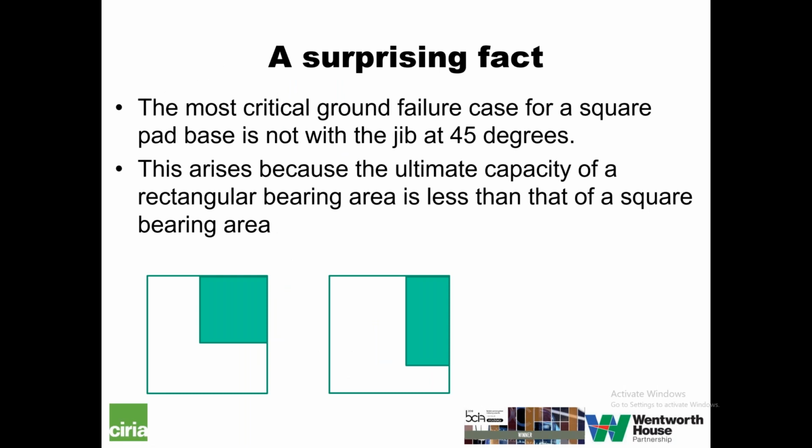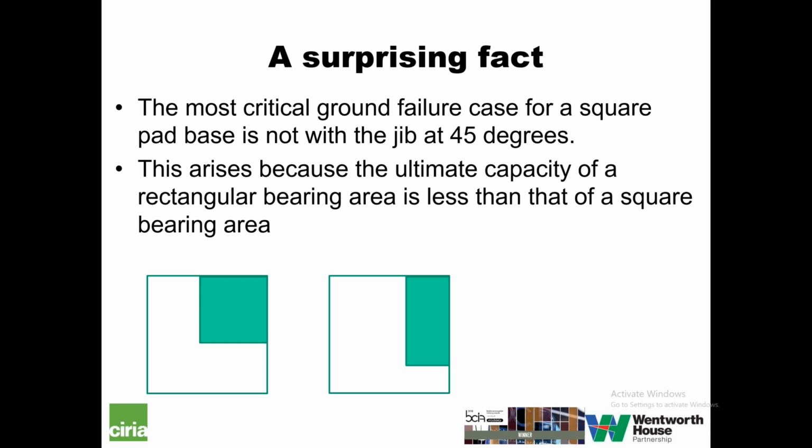We did find one surprising fact. For a pad gravity base, the most critical failure isn't at 45 degrees, which I'd always assumed or worked on before. It is actually at a slight inclination to 45 degrees, probably about 40 rather than 45 degrees.